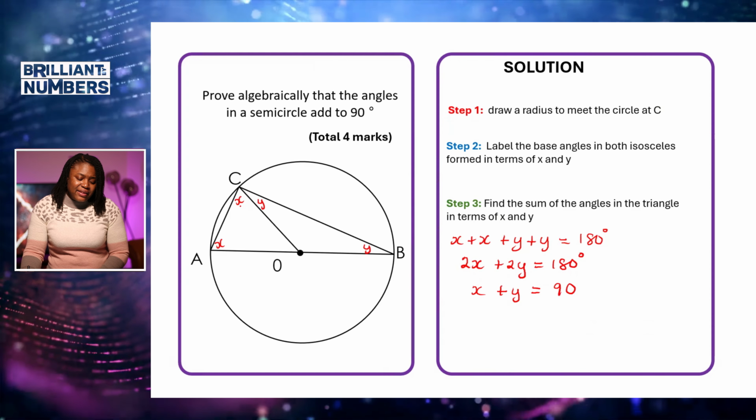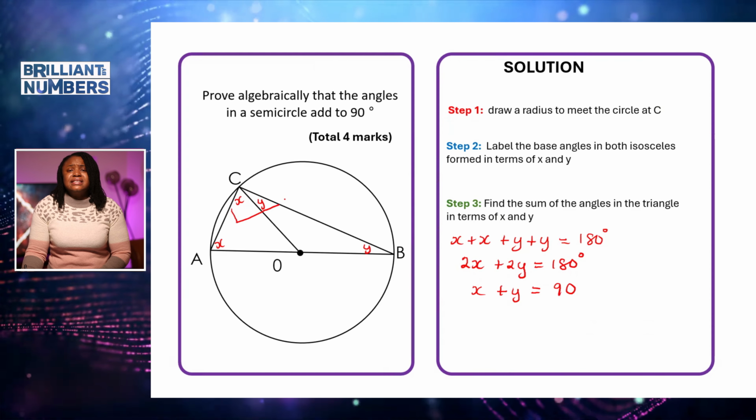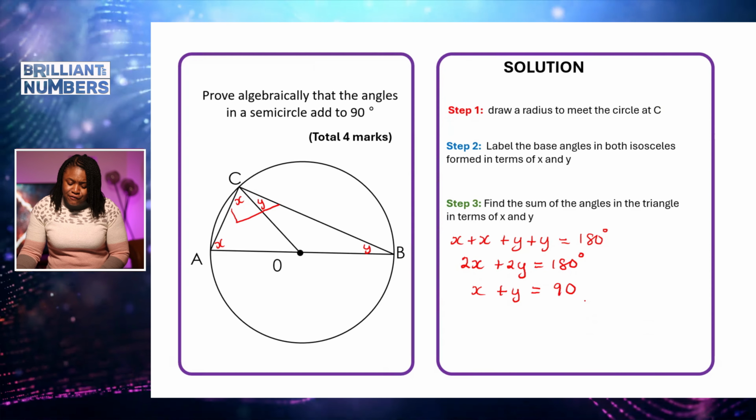And we can see here that at C, the angle is X add Y. So we have proven that X plus Y is 90 degrees, which means the angle in a semicircle is equal to 90 degrees. And just like that, we've proven it algebraically. Beautiful. Now, once you have gotten this idea, the same principle applies to any other proof question. And also, we will be relying on our skills in terms of different angle properties as well. So 4 marks that you would have normally left, it's really that simple.